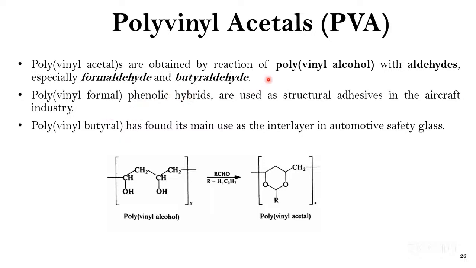If we do the copolymerization with butyraldehyde, then we get polyvinyl butyral. Polyvinyl formal is used as an adhesive in the aircraft industry, and polyvinyl butyral is used as an interlayer for the manufacturing of automotive safety glasses.